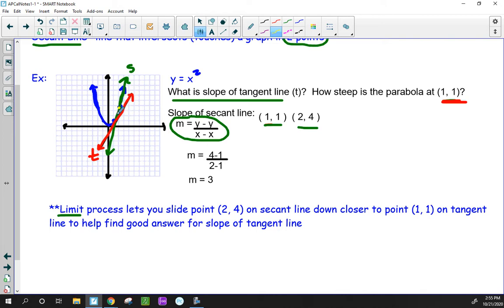The closer you can get to (1, 1), zooming in on it, that location will give you the slope for the tangent line. It's just a good approximation for that. So if we can figure out what the slope of line T is at (1, 1), it's also going to help us find the slope of the parabola at (1, 1).